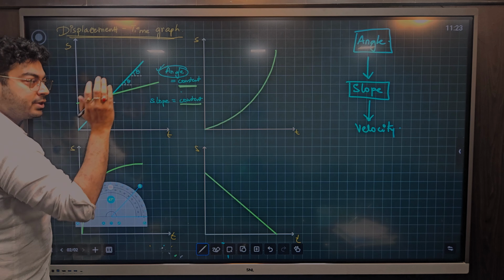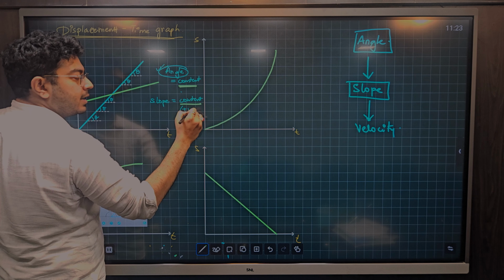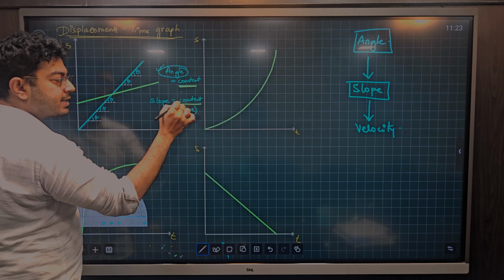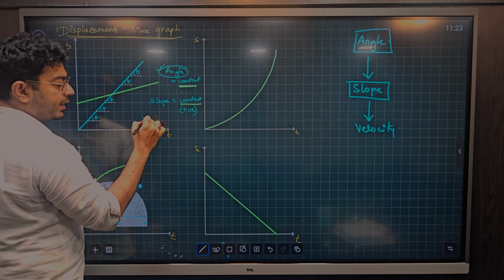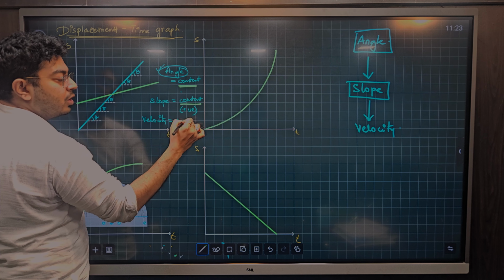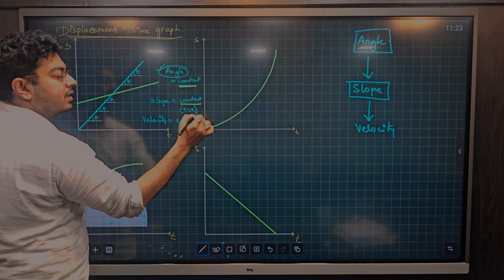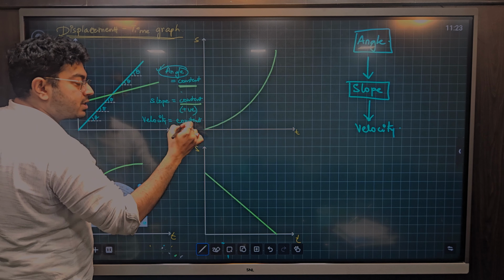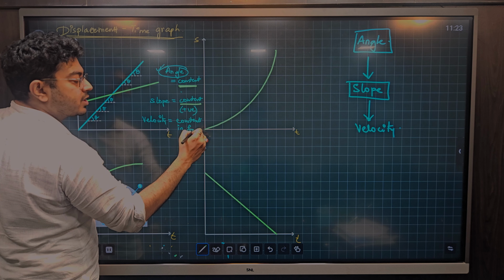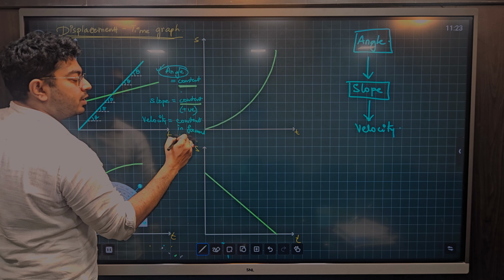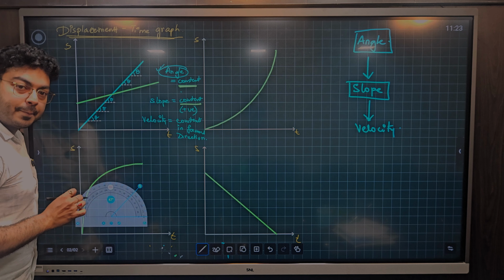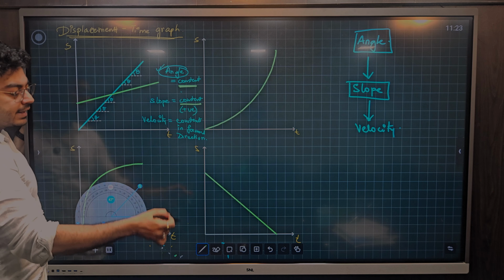It's a positive slope. Slope constant means it's a positive constant slope. So that means velocity is constant. So the body is moving with constant velocity in the positive, that means forward, direction. Is that clear?